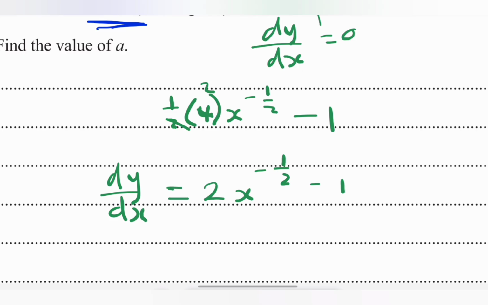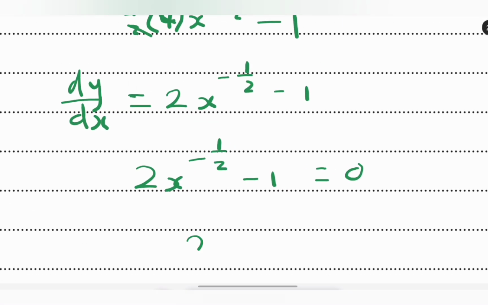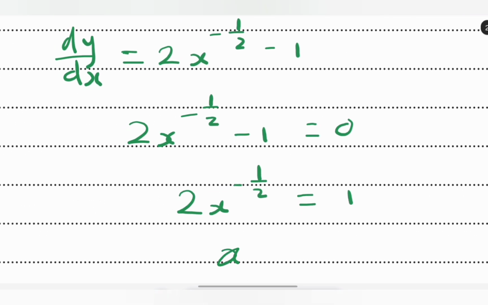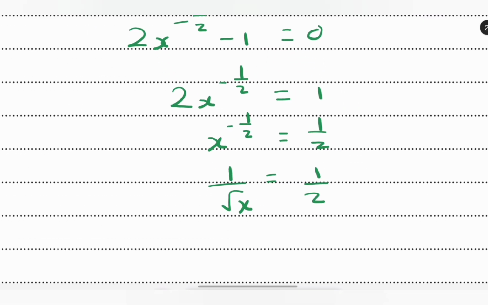Right, then we equate this to 0, like so, and it will give us 2x to the power minus half is equal to 1. Then x to the power minus half is equal to half, and this is 1 over root x being equal to 1 over 2.